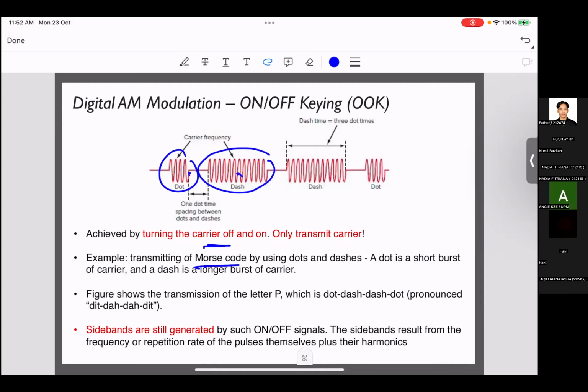So this is representing the letter P. There's a pronunciation of di-da-da-di, don't know how you actually say that. Sidebands are still generated by on-off signals, even though we are only transmitting the carrier. The sidebands result from the repetition rate itself plus harmonics.